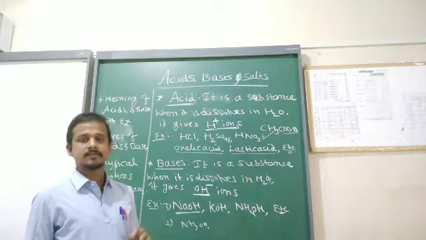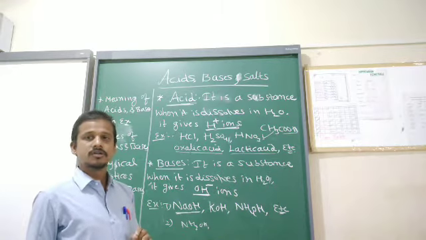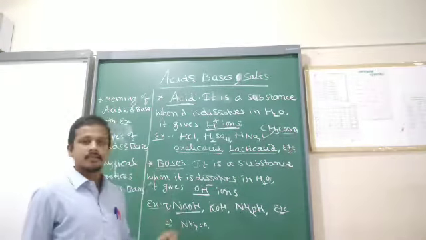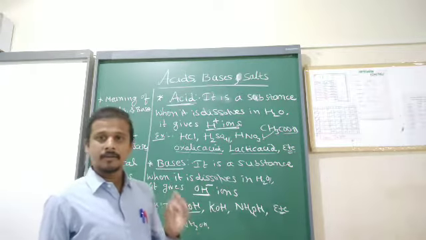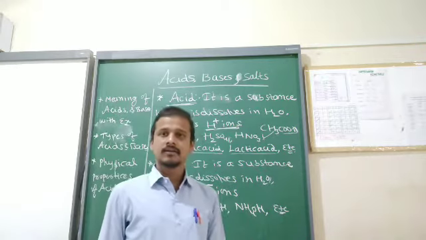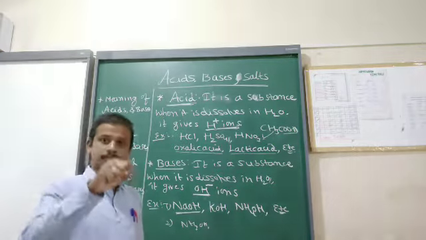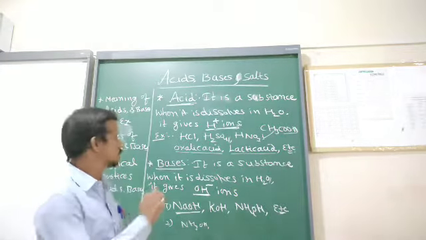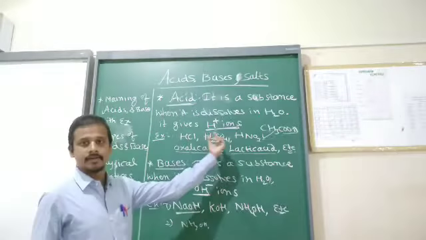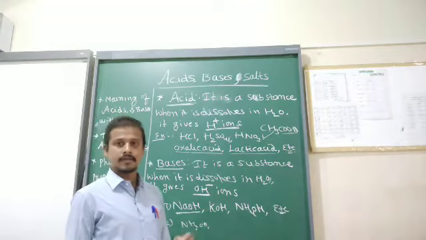Litmus is a paper or dye. If litmus paper is dipped into an acid, it changes color from blue to red.